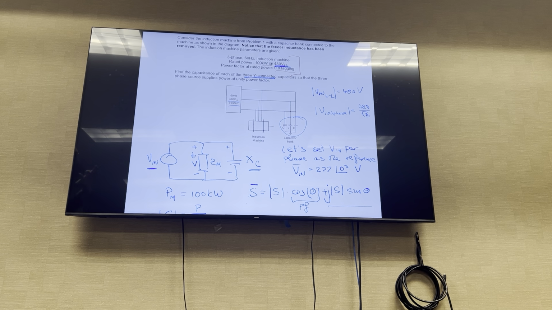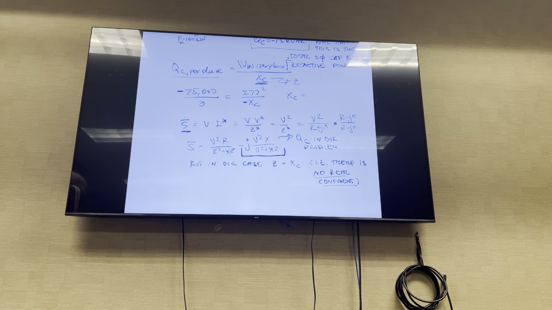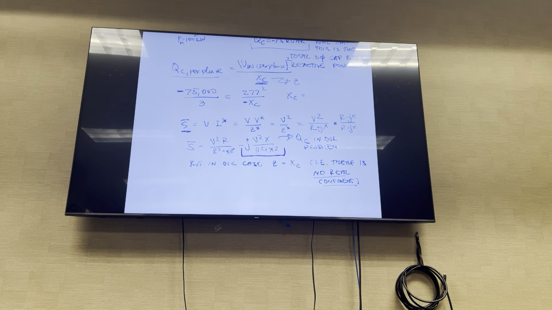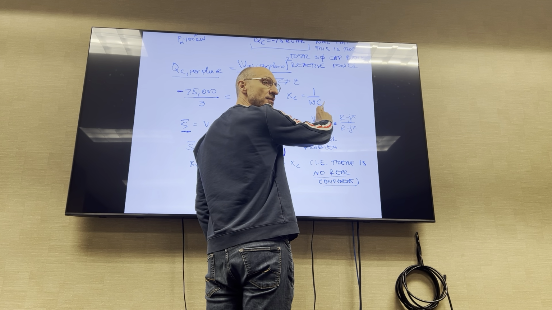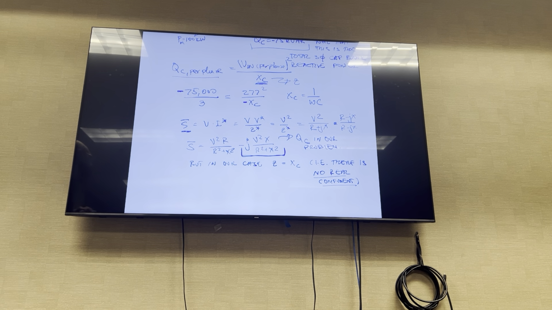So I'm trying to improve it by adding something that's leading or capacitive. And then I can't have a negative capacitance, right? At the end of the day, we're trying to find XC, which is 1 over omega C. So once I find that C per phase or C Y connected, that capacitor must be a positive value.